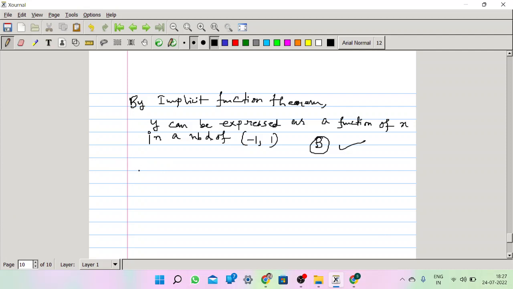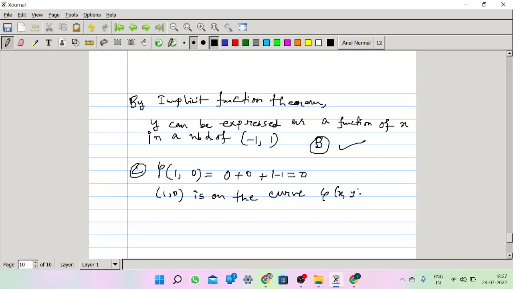For option C, phi at 1 comma 0 is 0 plus 0 plus 1 minus 1, which is 0. So the first statement of the implicit function theorem is satisfied, that is, 1 comma 0 is on the curve phi xy equal to 0.